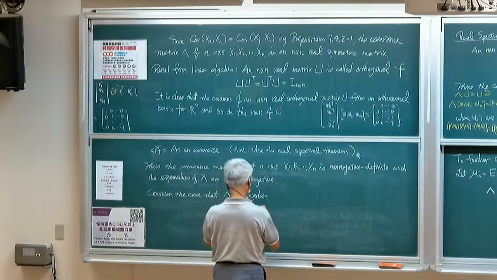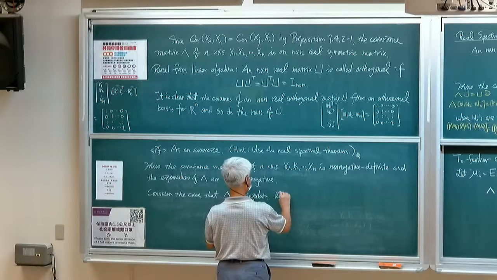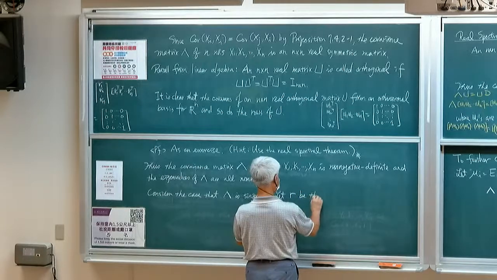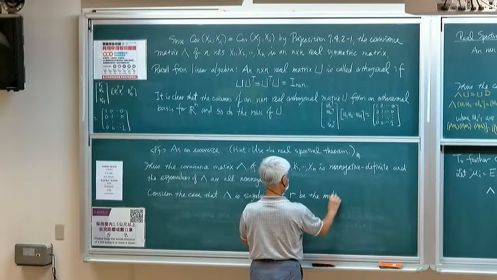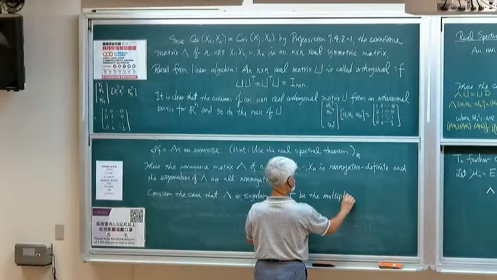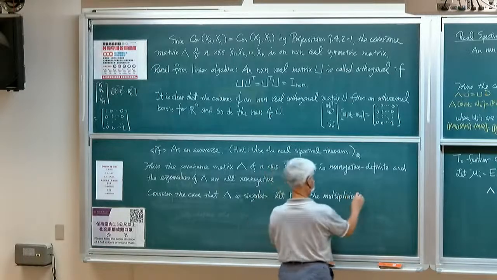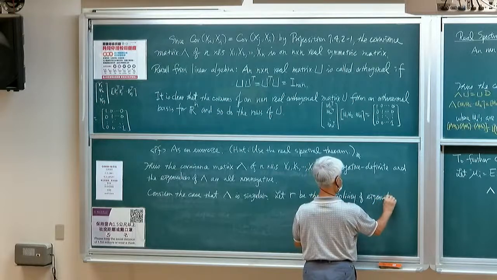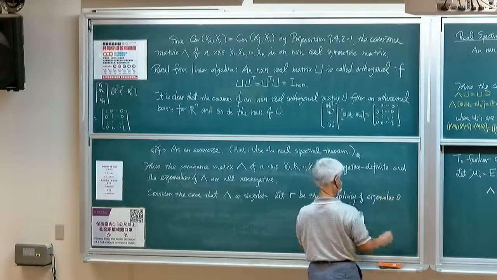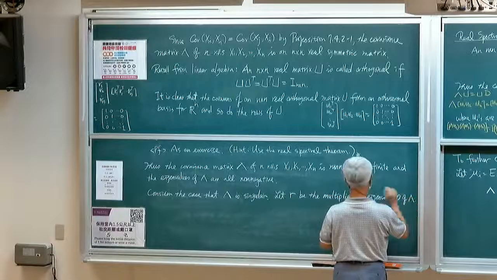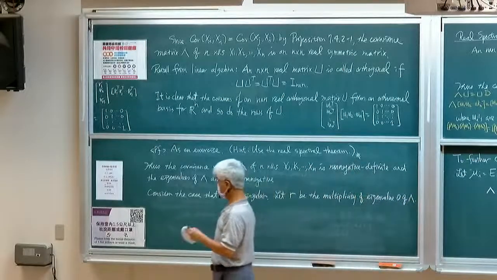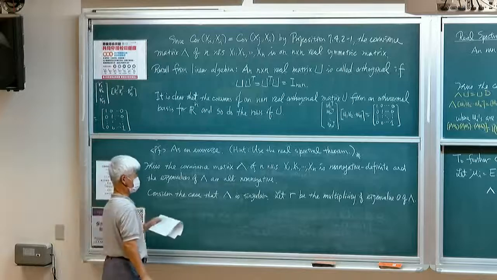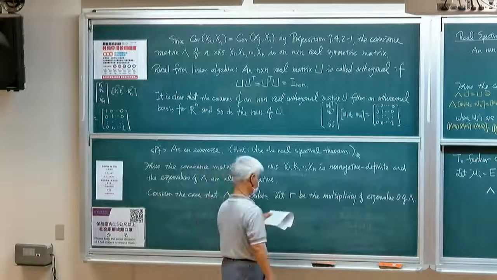Okay, so we let r be the multiplicity of eigenvalue 0 of lambda. We may have repeated the eigenvalue 0, and we let r be the multiplicity.